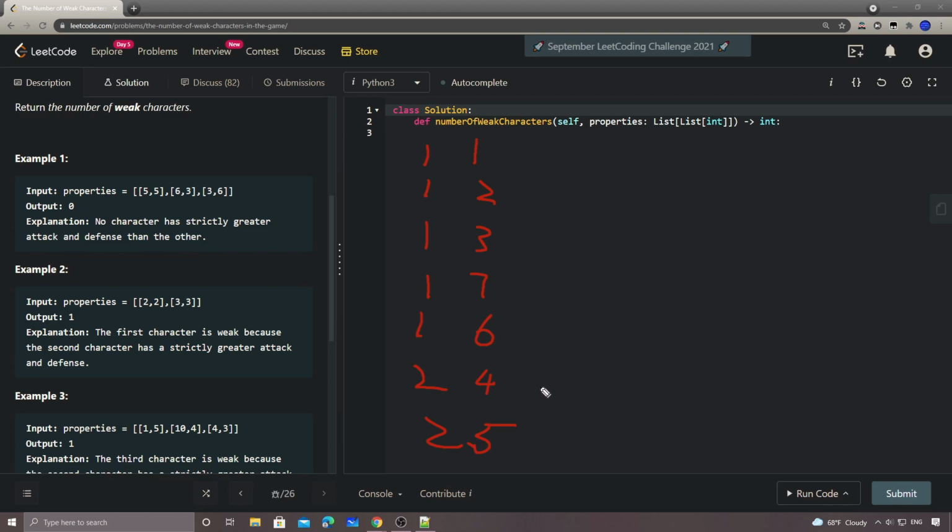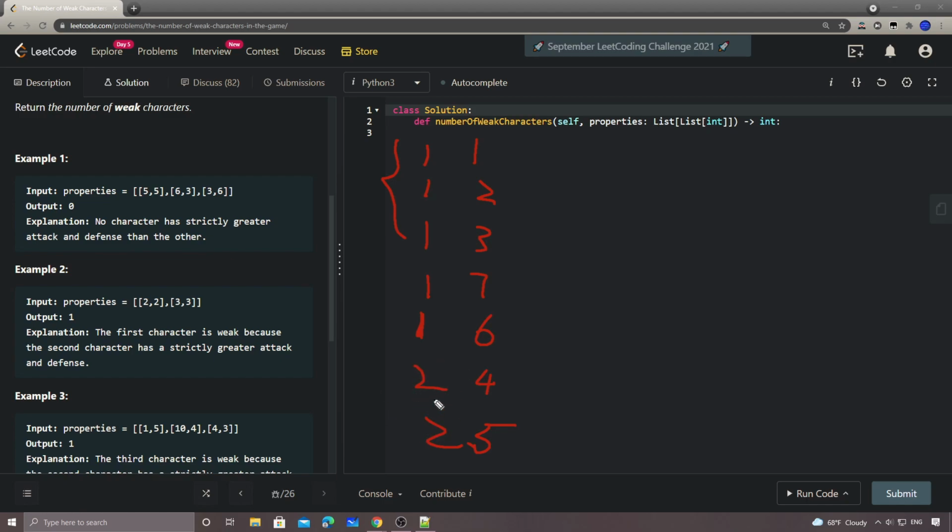So what are the weak ones, right? We only have 3, which is these 3, right? Apparently, all the characters who have the same attack will not be weak ones, right?